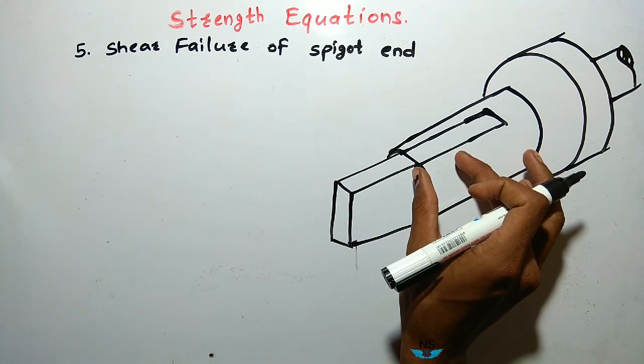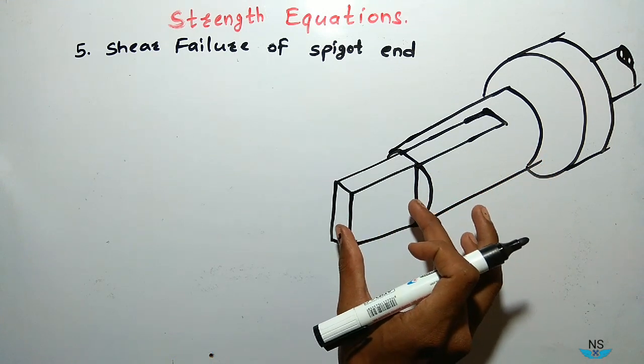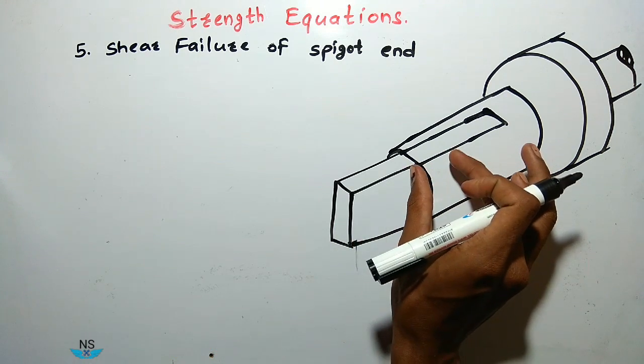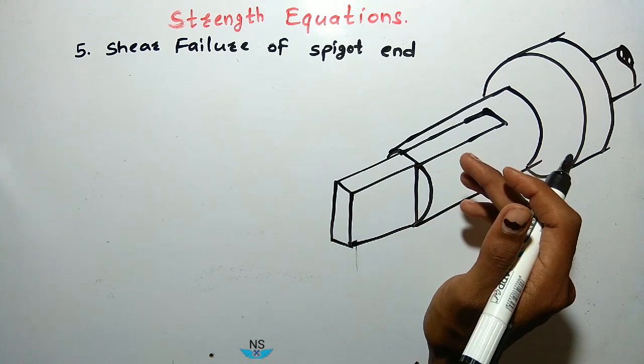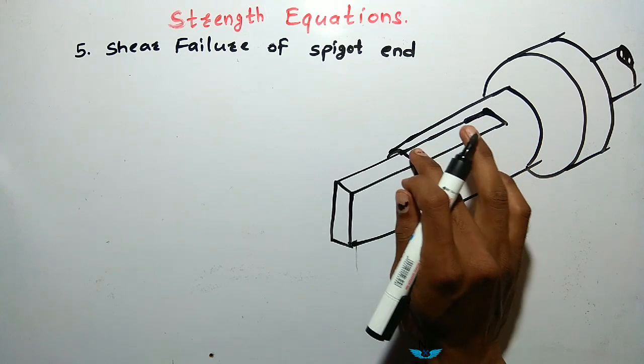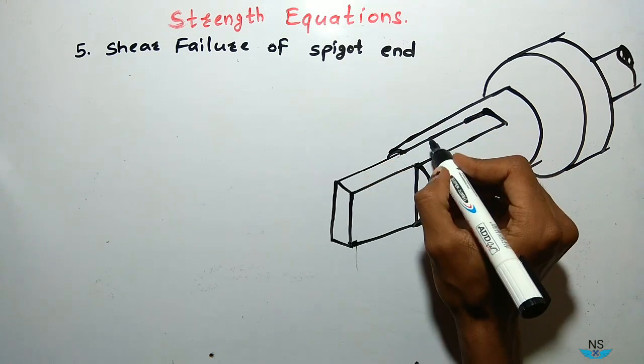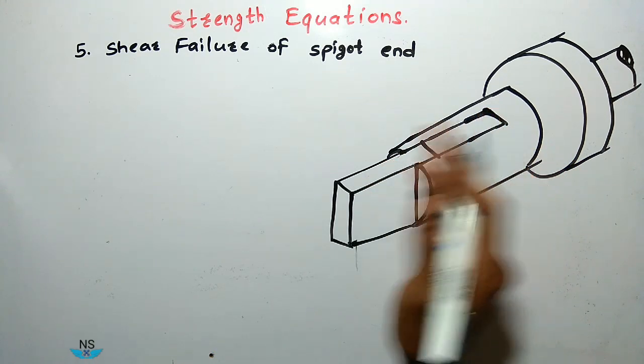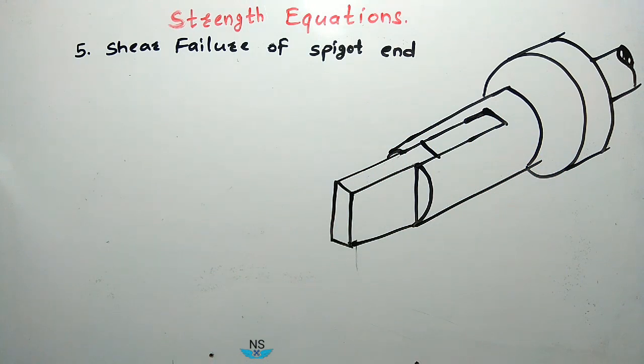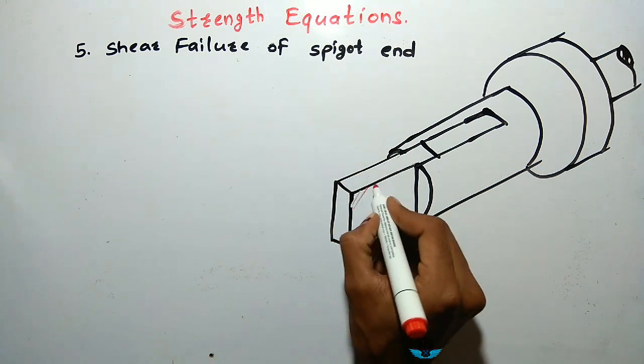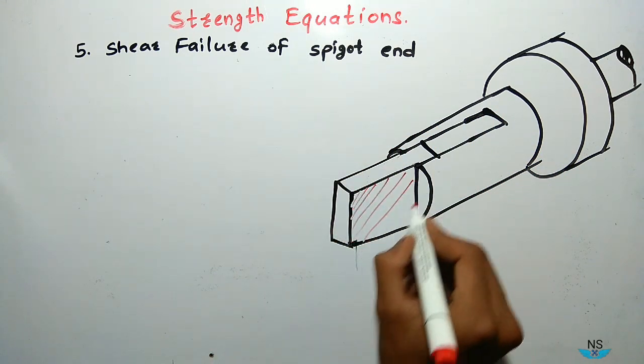So this section is here before the failure, मतलब ये सेक्शन कहाँ होगा, यहाँ होगा. तो ड्यू टू फेलियर होने के बाद ये सेक्शन बाहर आए.